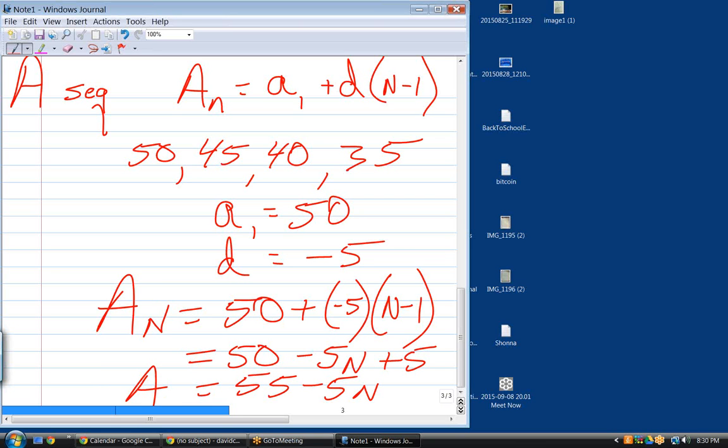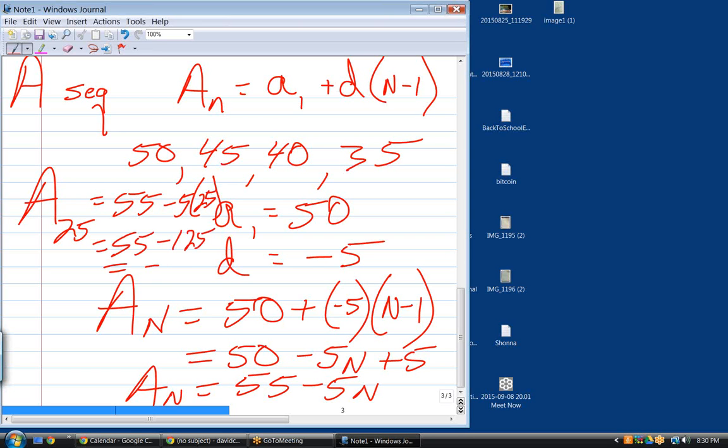So there is a sub n. And what did they want? The 25th term? Yes. Just substitute 25. So a sub 25 is equal to 55 minus 5 times 25, or 55 minus 125, or minus 70.